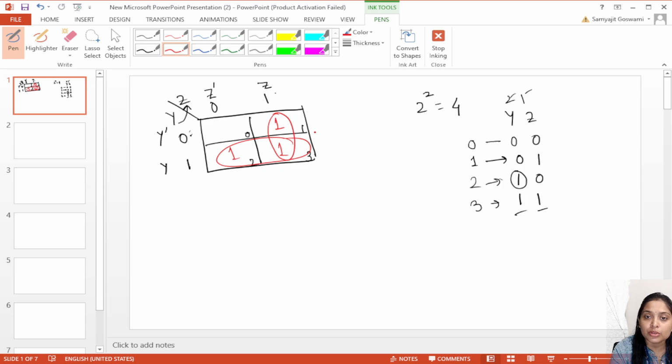Now I am coming to discuss how to write the final solution. The combination here is 1 1 1 1. Here we can form one pair, here we can form another pair. How will we represent it? First we take this combination.